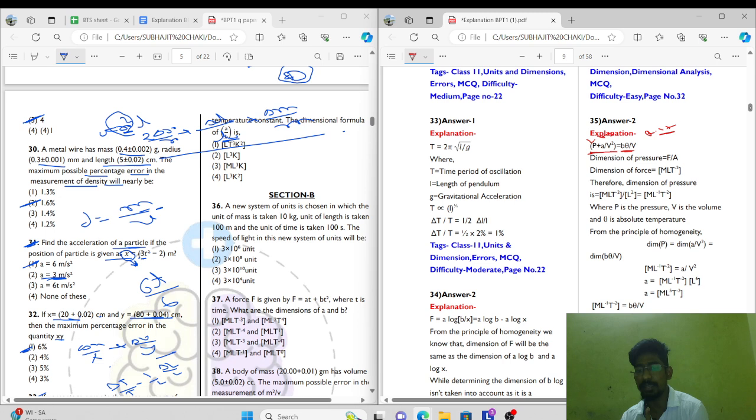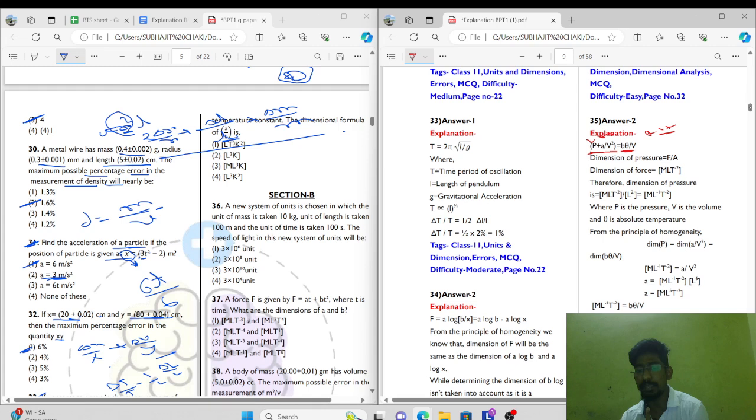That means the dimension of P is equal to the dimension of A by V square. The dimension of P is M L minus 1 T minus 2, right? So it has the same dimension as A by V square. V square has the dimension of L to the power 6. So the dimension of A will be M L5 T to the power minus 2, right?